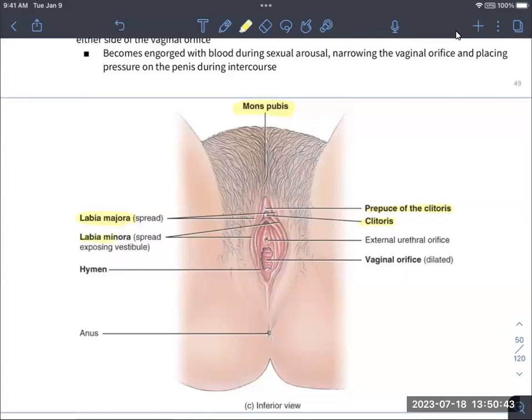The labia minora are smaller folds in that skin. The hymen is the skin that is partially covering that vaginal orifice. Here you can see that external urethral orifice in front of that vaginal orifice and that anus behind.